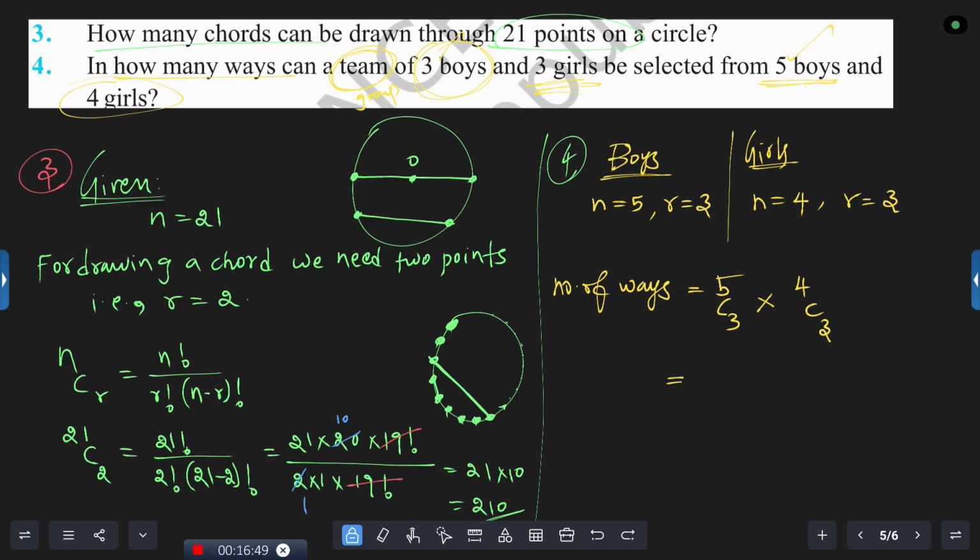For example, a kabaddi match. For kabaddi, 7 members are required. So I need 7 members, but I have 21 students in the A section, and in the B section I have 23 students. If I take all 7 students from the A section, then I select 7 students and I should give plus.